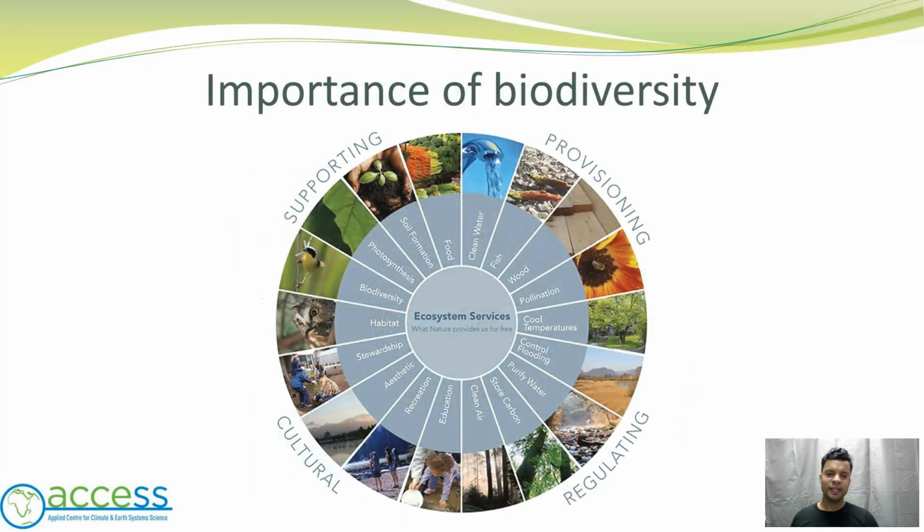So, why is biodiversity important? Let's have a look. How does biodiversity contribute to life on Earth? Biodiversity supports 4 main factors: supporting life on Earth, provisioning for us, cultural dynamics, and regulating our environment.